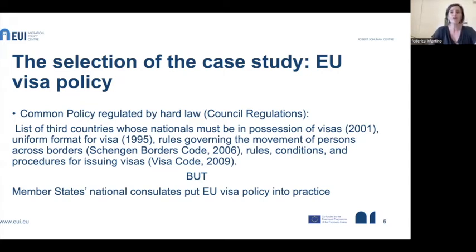We could think of a very similar design for national policies and looking at different localities. So different cities implementing residence permits regulation or other kinds of legislation. So you see the comparative design of a research that addresses the issue of implementation. This is particular because we have different nation states having a common visa policy. And so I'm asking how the different states actually put this common policy into practice.